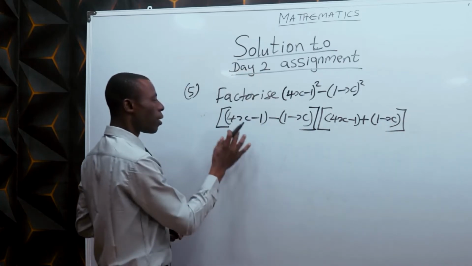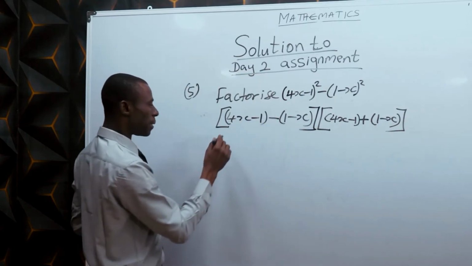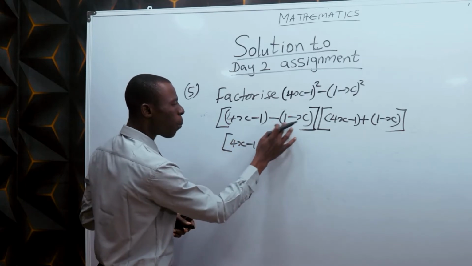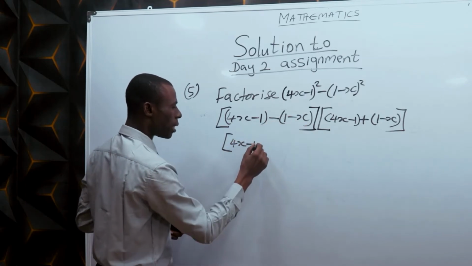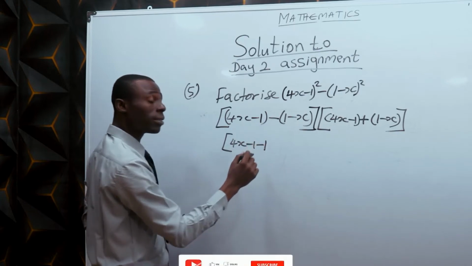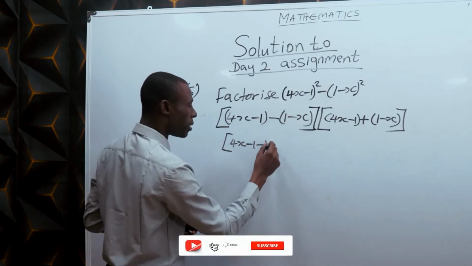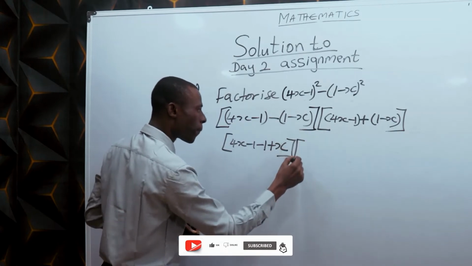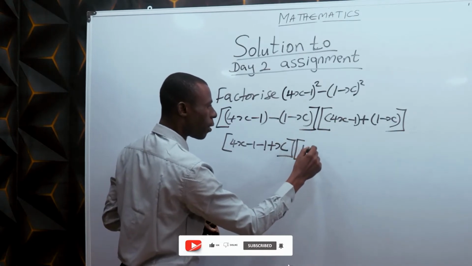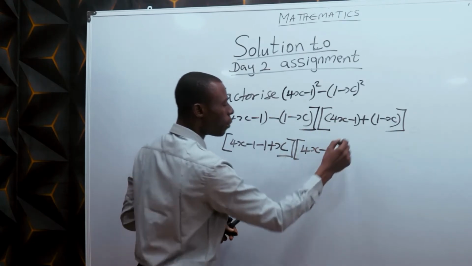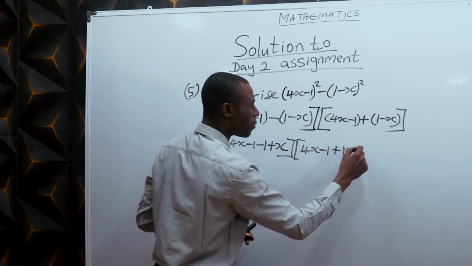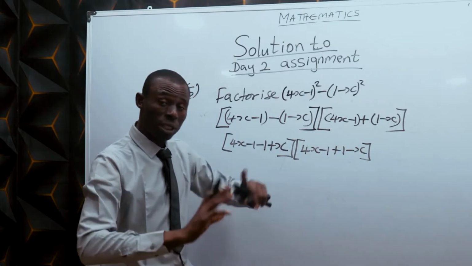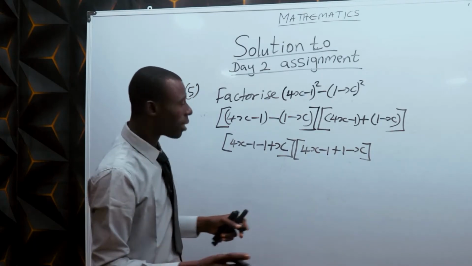And that's it. Now let's simplify the inside. We have 4x minus 1. Open this bracket with negative. Negative times 1 is negative 1. Negative times negative x is positive x. Close the bracket back. Open this as well: 4x minus 1 plus 1 minus x, because a positive opening a bracket doesn't change the sign of anything inside.